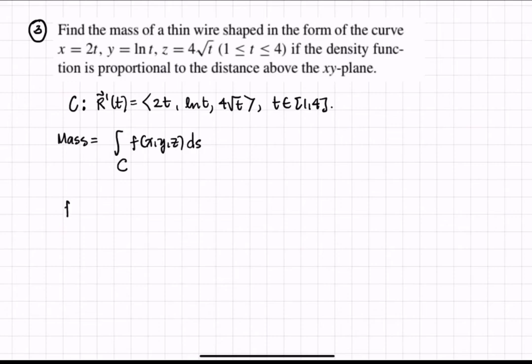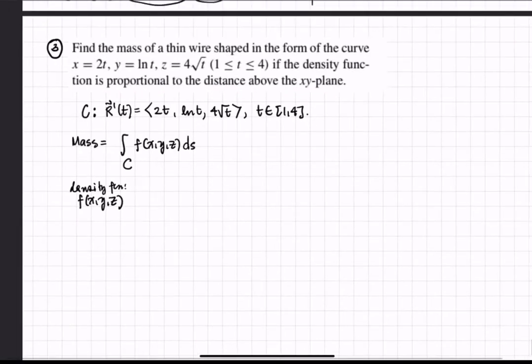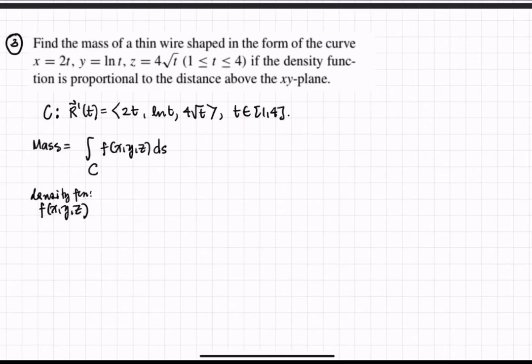So, yung f of x, y, z, which is your density function, sabi dito, it is proportional to the distance above the xy plane. So, distance of your point above the xy plane. So, if this is your xyz plane, and you have a point, of course, yung point na yun nandun sa curve.